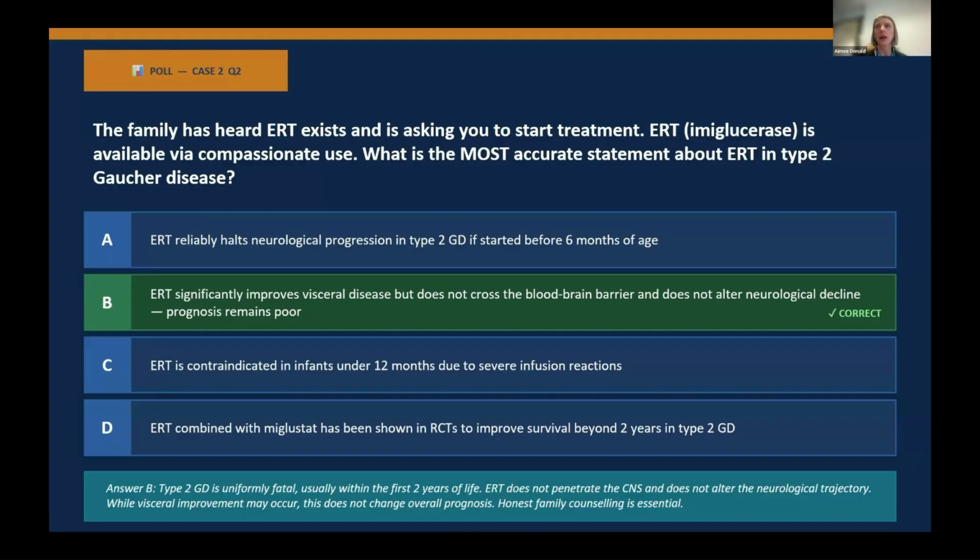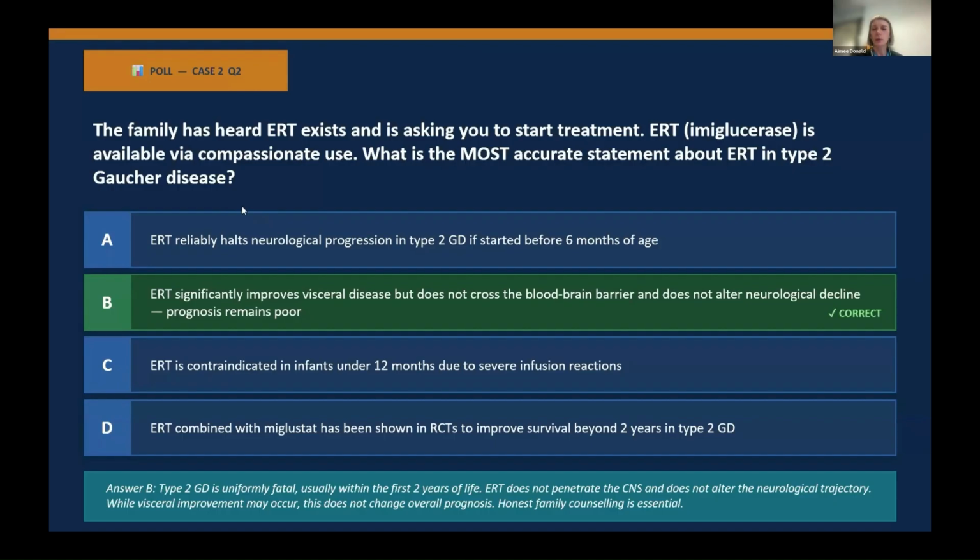And so we have to think about what we are trying to achieve. And in fact, often with our GD2 babies, their visceral disease is not as profound as our GD3 infants. And so the benefits of ERT are maybe less in a GD2 patient than they are in a GD3 patient. And certainly my practice in the UK is that we generally do not offer ERT to GD2 patients, particularly if they were presenting at this kind of age.